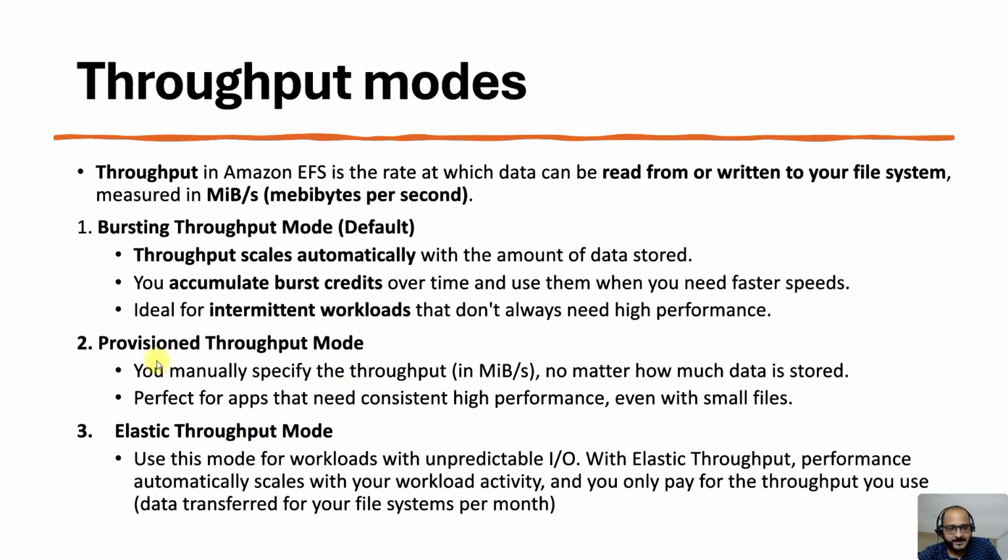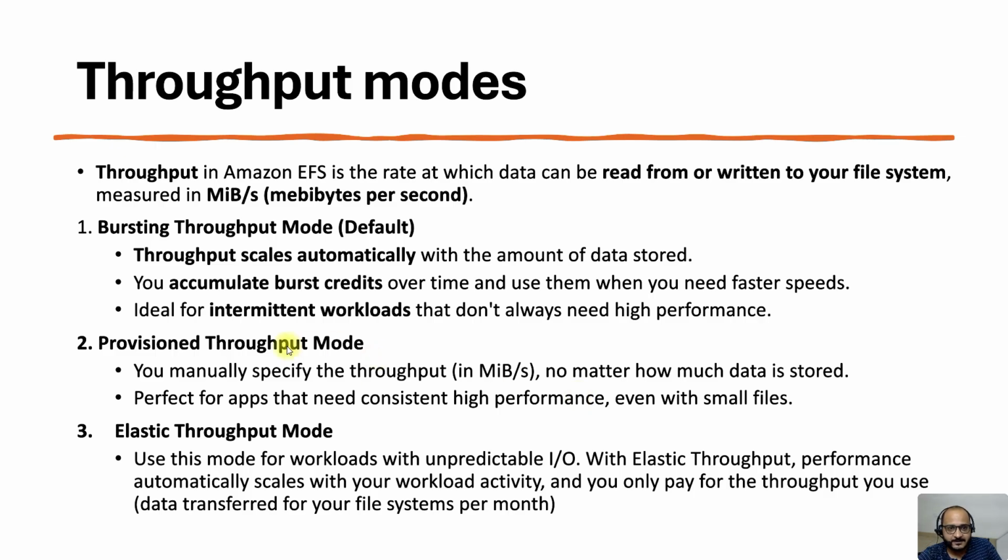So let's understand the second one, provisioned throughput mode. Here you manually specify the throughput in megabytes per second, no matter how much data is stored. It is perfect for apps that need consistent high performance even with small files. Here you will get an option where you can specify, okay, I need 5 megabytes per second, or 10 megabytes, or 100 megabytes per second.